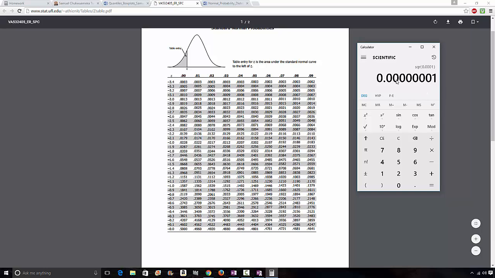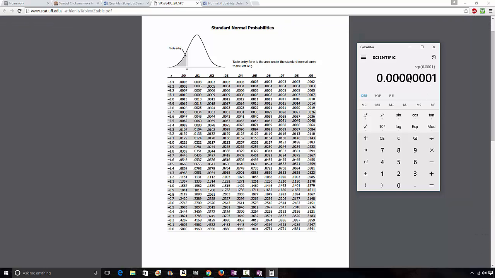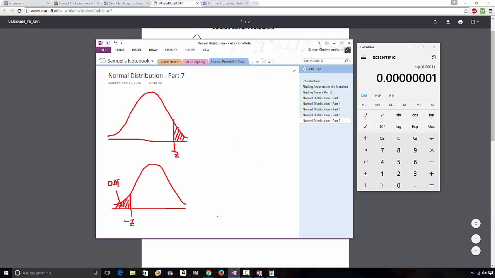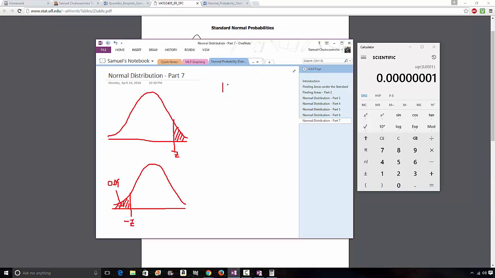So I have 10 to the negative 8. If you want to say 1 times 10 to the negative 8, that's fine. And the other one, recall memory, is 2.25 times 10 to the negative 6.